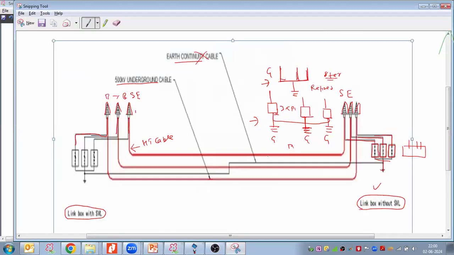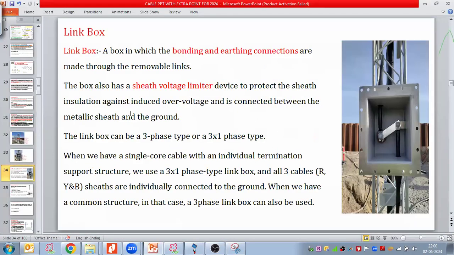If you see here, this cable we have taken and then here we have indicated one jet. This kind of symbol we make to indicate the SVL in the drawing. This kind of jet, and then it is going to the grounding. The box also has a sheath voltage limiter device to protect the sheath insulation against induced over voltage.